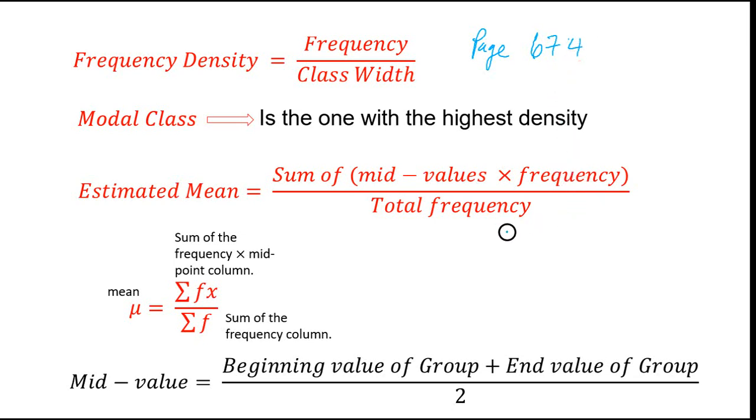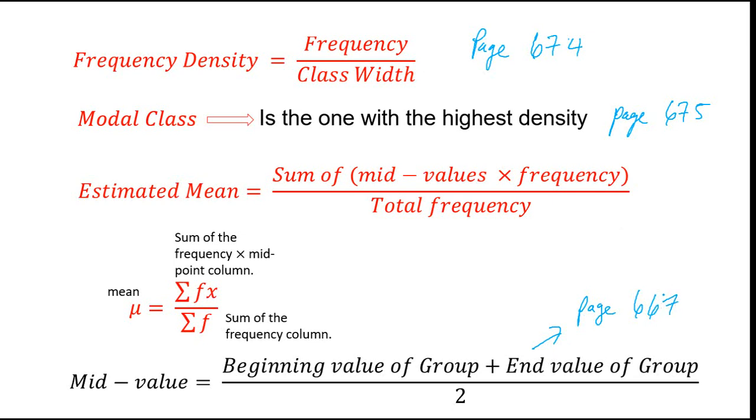And modal class, you can write page 675. The mid value stuff is going to be page 667 once you look through this.